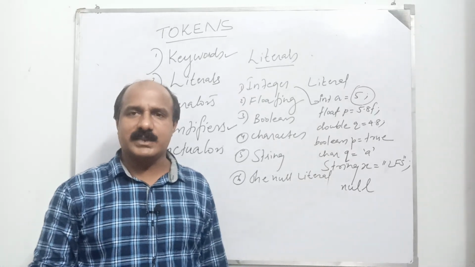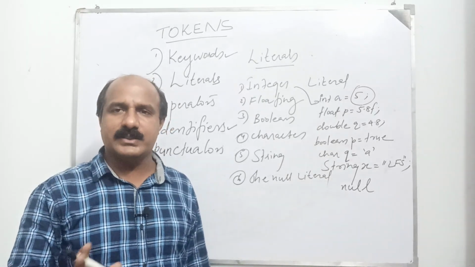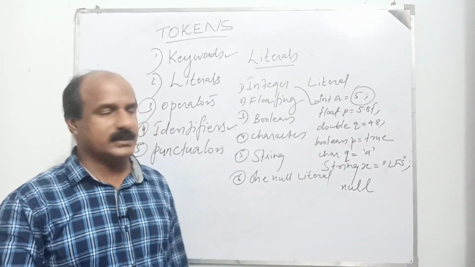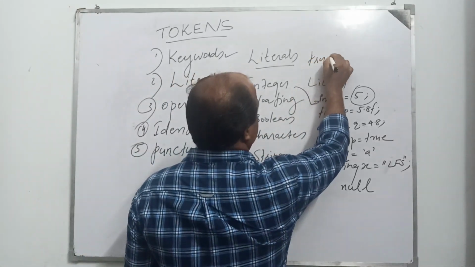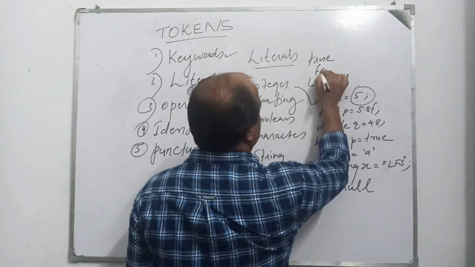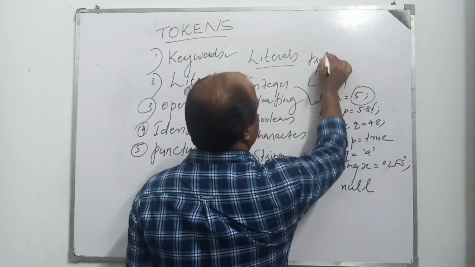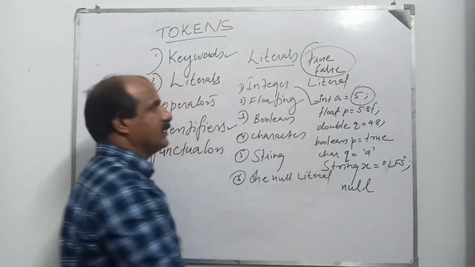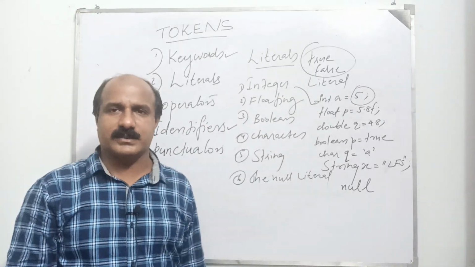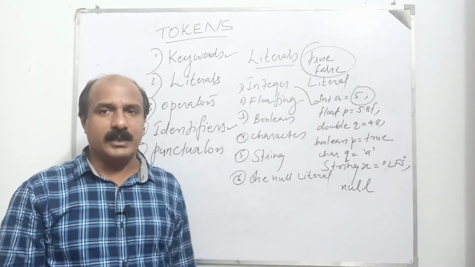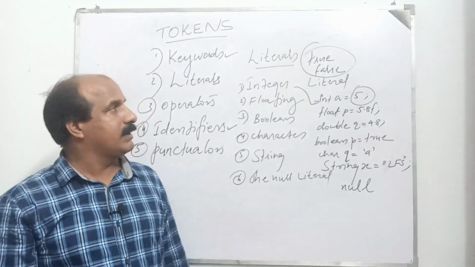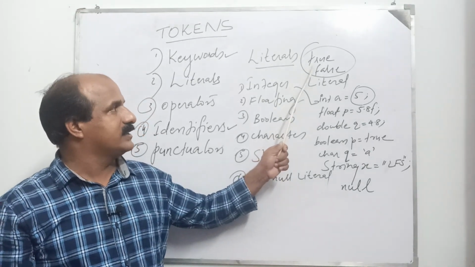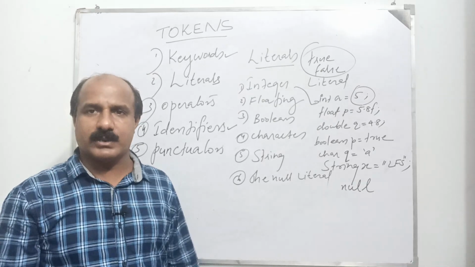Now Boolean literal. Boolean literal means it can have only two values, either true otherwise false. While writing true or false, please remember this true will be like this and false will be like this. It will be written in lower case characters. Why? Because Java is a case sensitive language. The developers of Java declared this keyword like this only. There is no particular reason.